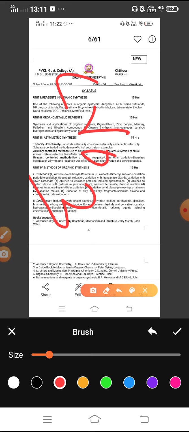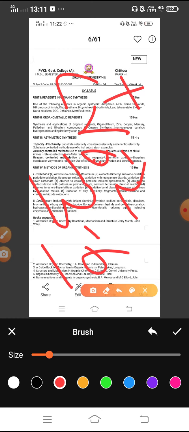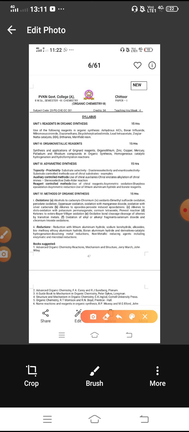Why? Because here one oxygen has a -2 charge, -2 into overall 3 oxygens is -6. So overall chromium is +6. So it is the chromium 6 oxidants. See, very very important.